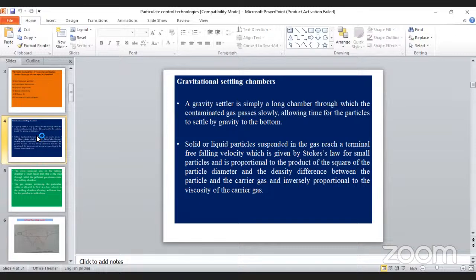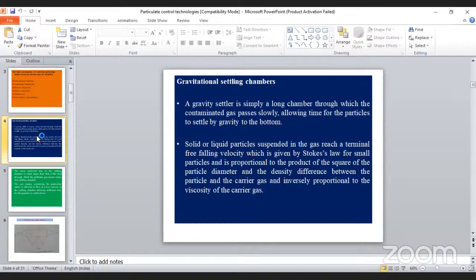When the particles, liquid or solid, present in the gas reach the terminal velocity or terminal free-falling velocity, which is proportional to the square of the diameter of the particle as well as the density difference between the particle and the carrier gas, and inversely proportional to the viscosity of the carrier gas. This is an equation developed by Stokes. The law is called Stokes law for small or fine particles. This is the specific law developed to settle down the fine particles from the gas stream.